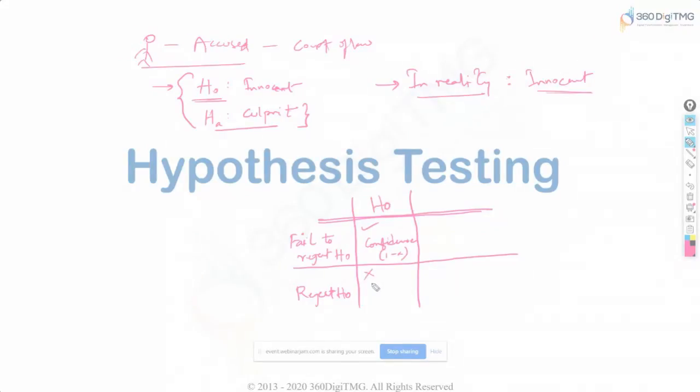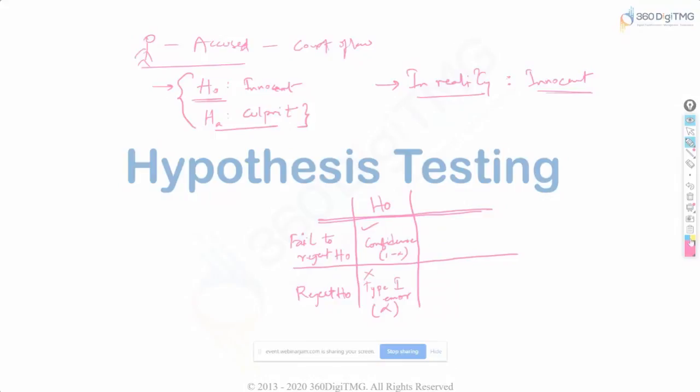and this condition is called type 1 error. It's an error and we call it type 1 error, and this is represented as alpha. We'll discuss alpha and 1 minus alpha. This is alpha, which is basically an error.